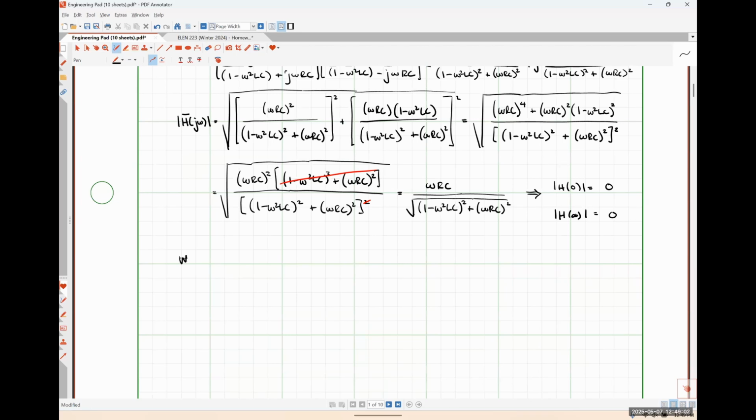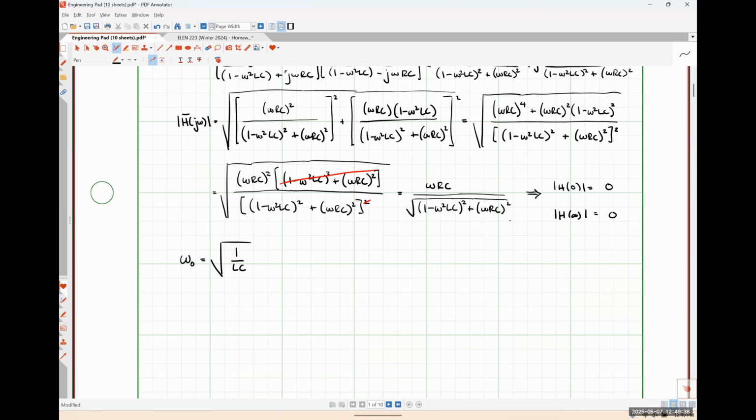So omega naught, that looks like a W, is just the square root of 1 over LC from our previous work, okay? Now, calculating omega low and omega high from this relationship is rather difficult to do by hand, okay? We still want this thing to wind up being equal to 1 over the square root of 2, but we're going to wind up having two different solutions.